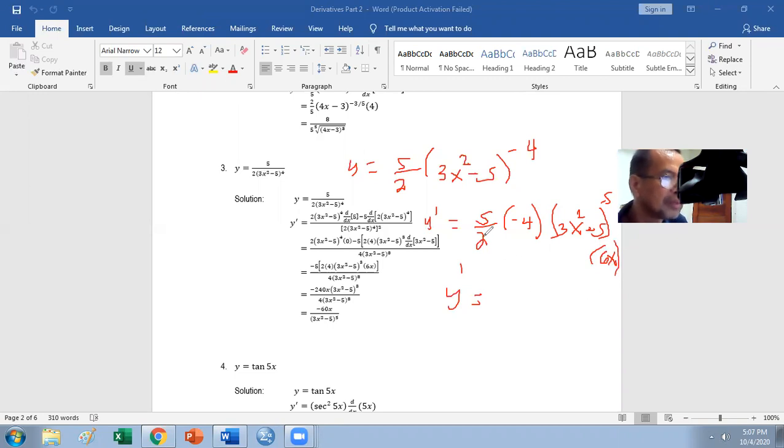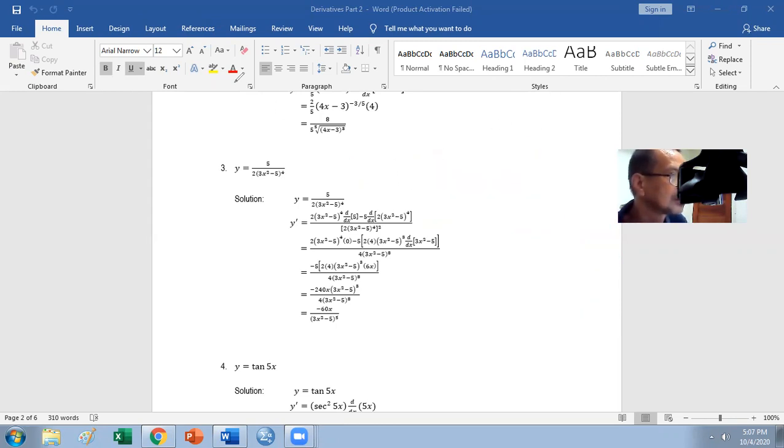So, this will give you 5 times negative 4 times 6, that will give you negative 60x over (3x squared minus 5) raised to the fifth. Okay.